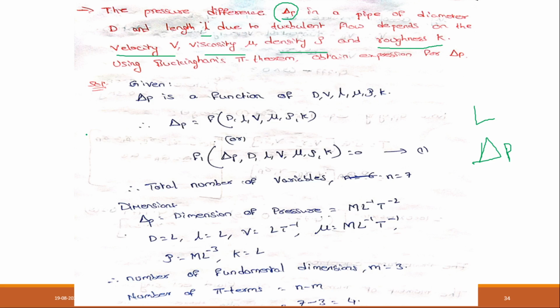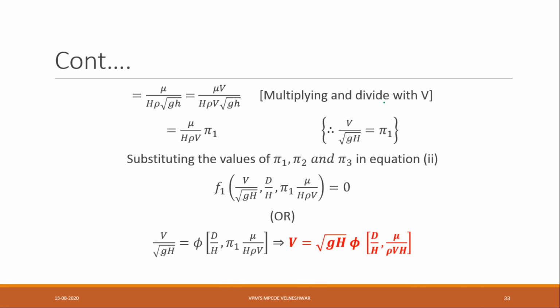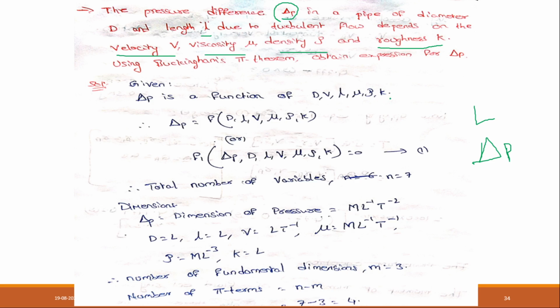Delta P is a function of D, that is the diameter, V is velocity, L is length, mu is viscosity, rho is density, and K is roughness. Roughness means just how rough it is. We have to find out that K value.